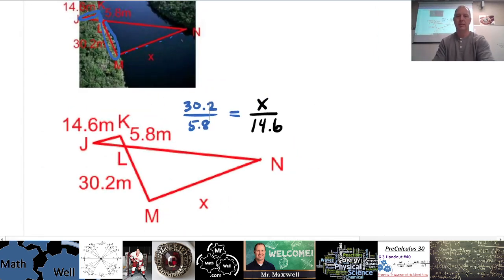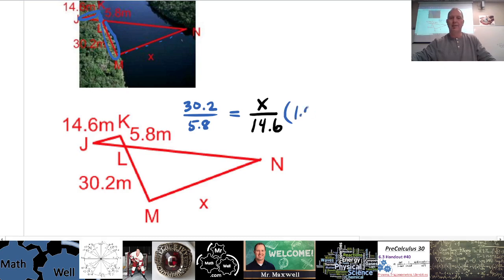Now, how do I get the x by itself here? What do I have to do? Anybody? How do I get x all by itself? Multiply. Yes, by 14.6. Yes, I multiply both sides by 14.6.